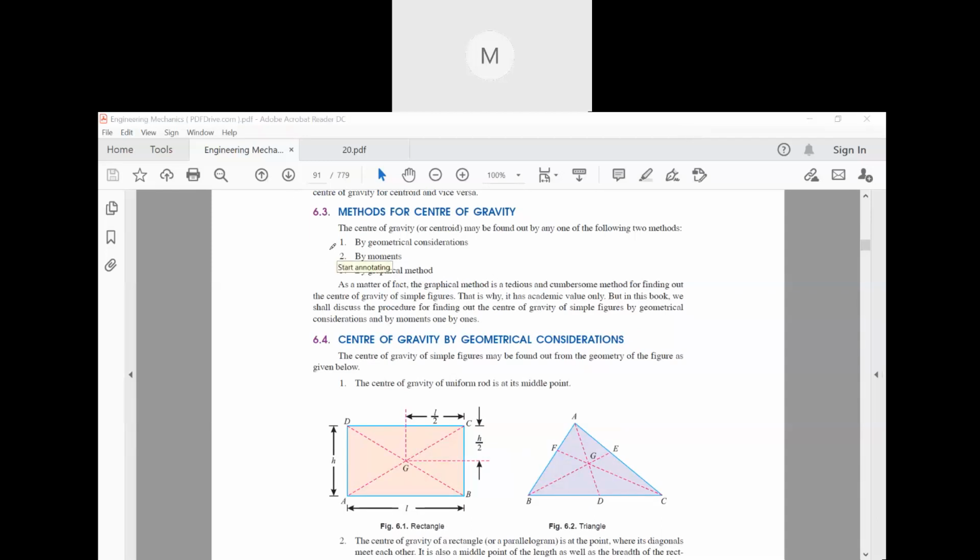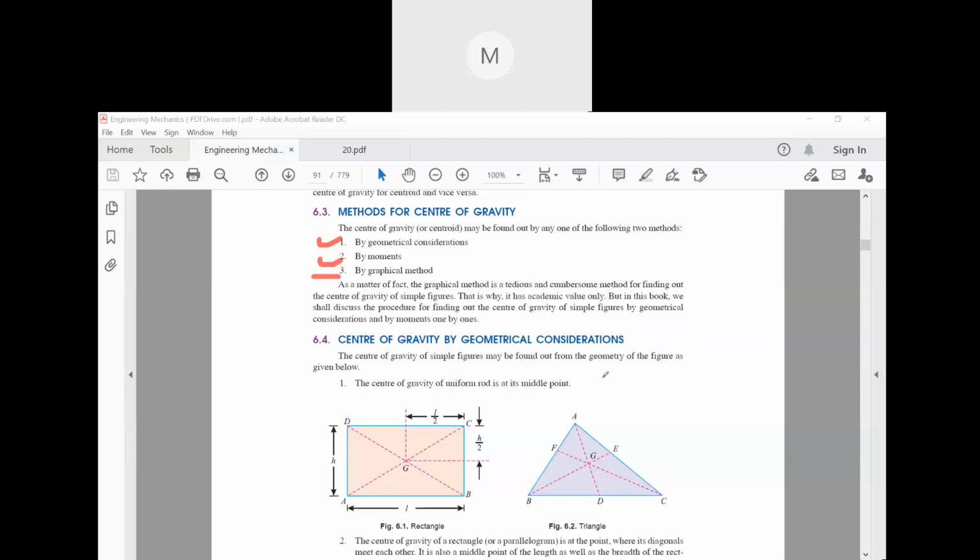The center of gravity can be found out by number 1, geometrical considerations, number 2, by moment, and number 3, graphical. Now how will you find out? First of all, by geometrical considerations. Look, if you have to find out the center of gravity by geometrical considerations, then how will you do it?